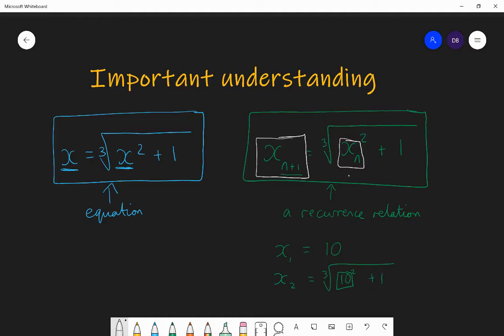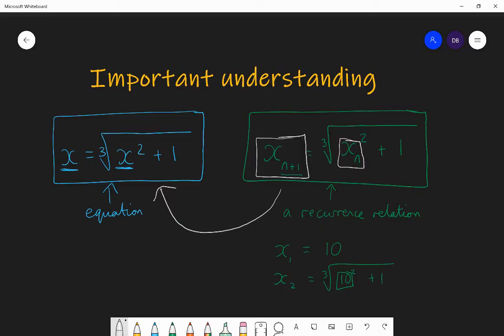If the recurrence relation converges to a specific value, then I have solved the equation. So if my previous value of x gives me my next value of x being the same thing, so it does not change, then I have solved the equation.